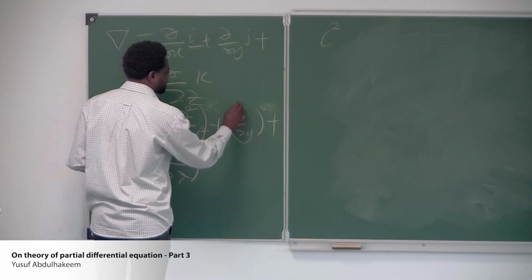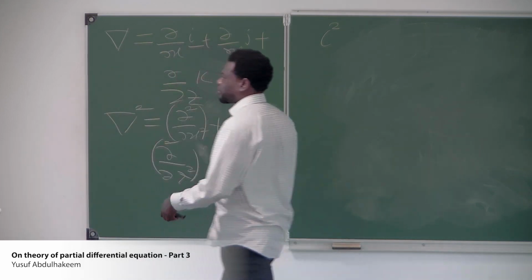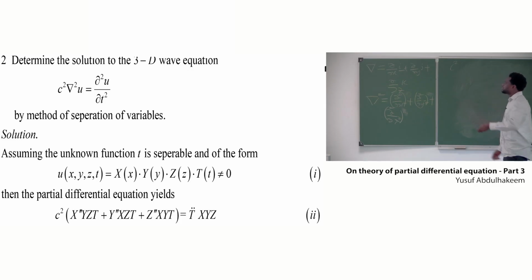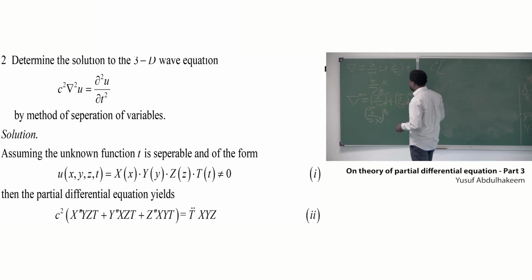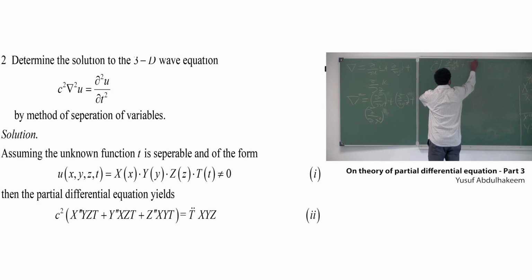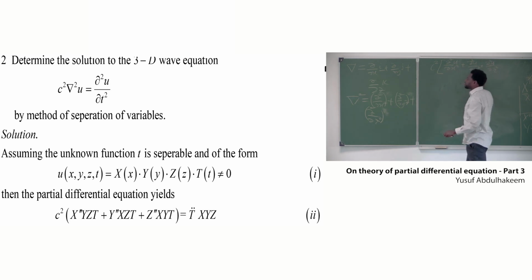Sorry, the x squared, the y squared, the z squared. So by the time we are talking of the Laplacian, sorry. So here now, we are going to have our c squared in the bracket of the first one, which is di squared u over di x squared, plus di squared u over di y squared, plus di squared u over di z squared. So this is what we have.